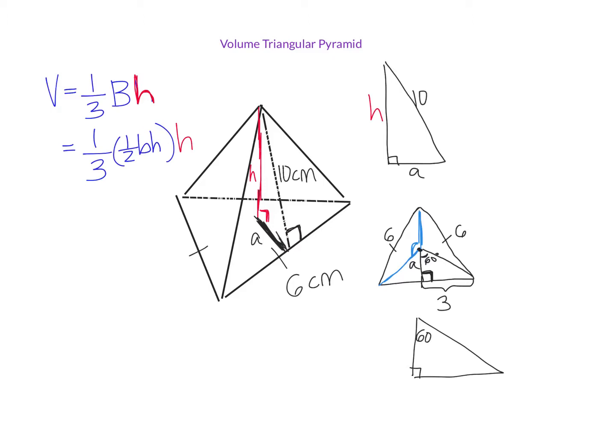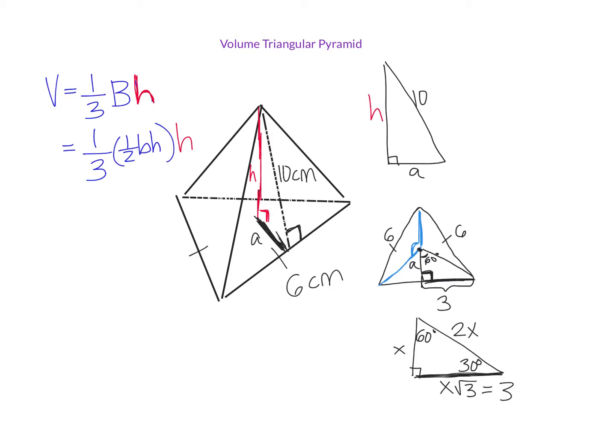So if this is our 60-degree angle, the 60-degree angle is the side that is opposite from the 30-degree angle, just multiplied by the square root of 3. And then the hypotenuse would have been 2 times the side that's opposite from the 30-degree angle. So that means that this side right here matches here, and we're saying that that's 3.